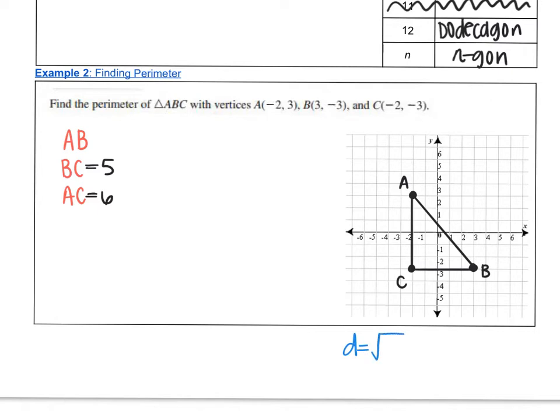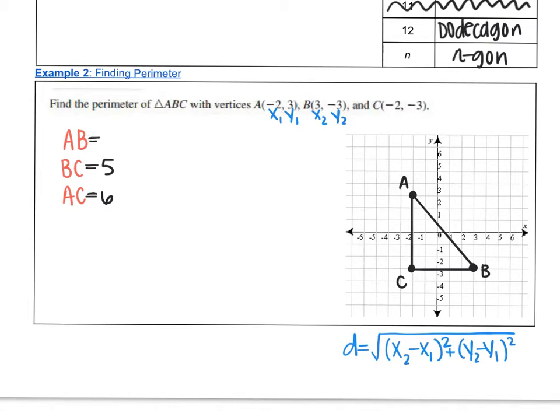You have this already, we learned this in 8.3, but the distance formula is D equals the square root of x2 minus x1 squared plus y2 minus y1 squared. So I'm trying to find the distance from A to B. So that means A will be x1, y1, B will be x2, y2, and I'll go ahead and plug in the distance formula.